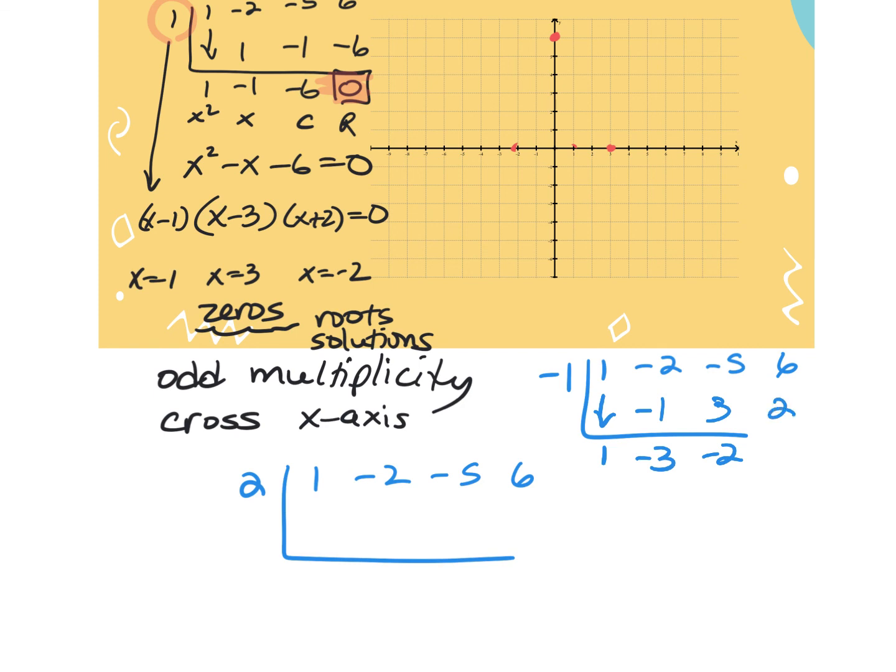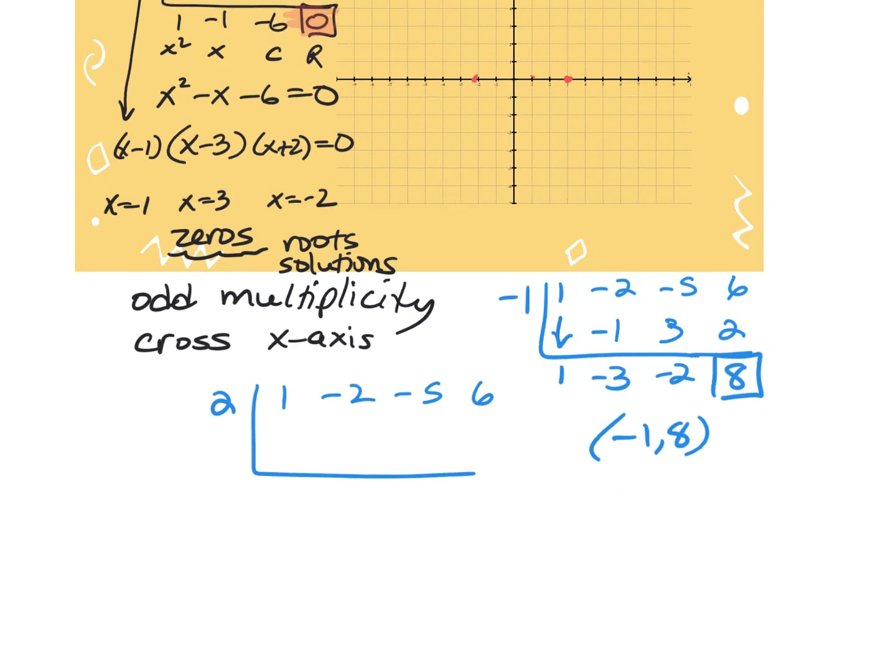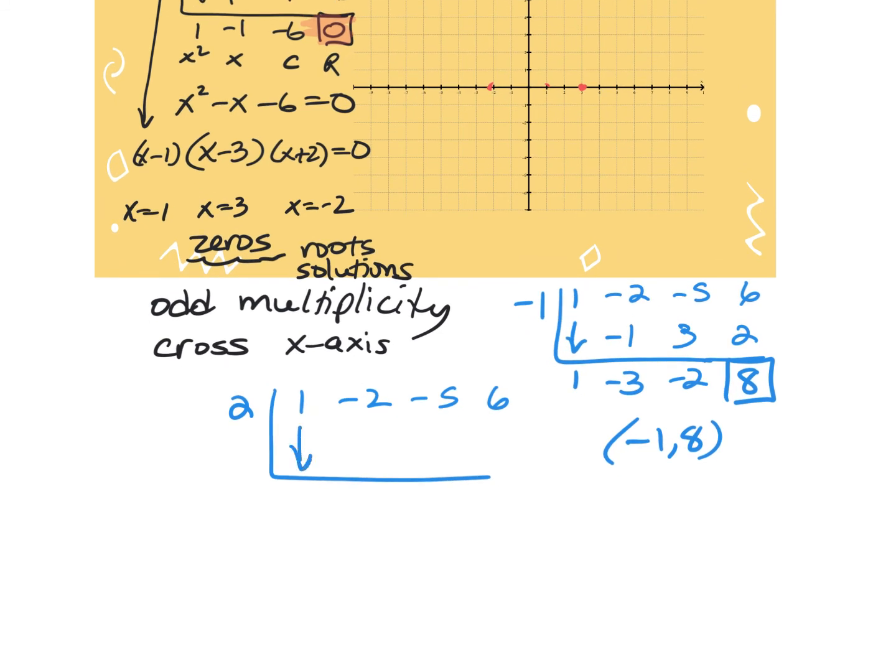Multiply, add the column, I get 8. This remainder is the y of my ordered pair. So this is an additional point. Going to do the same thing with the positive 2. Bring down, add the column, multiply, add the column, multiply, add the column. So another additional point is (2, -4).